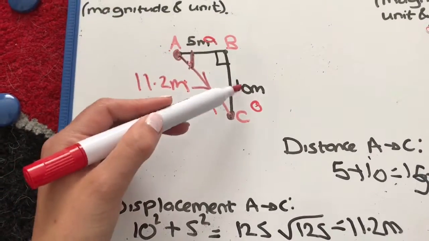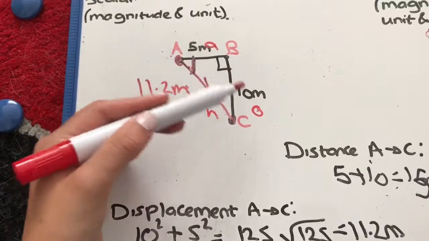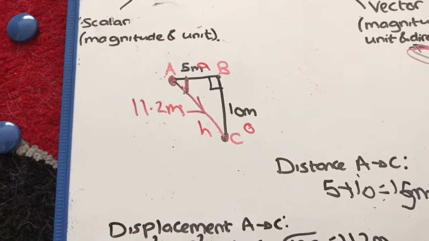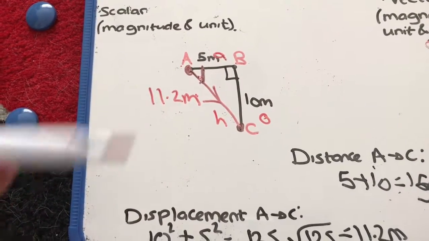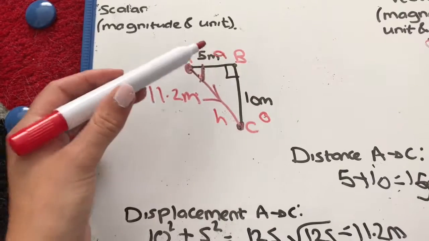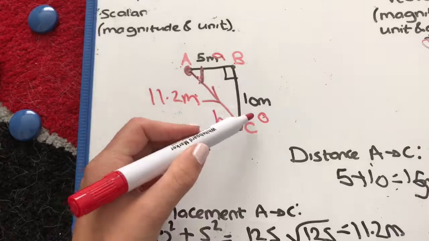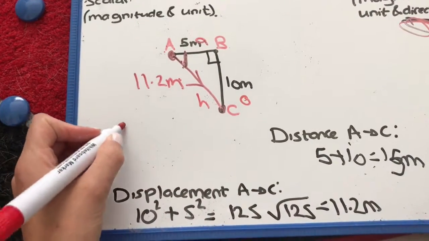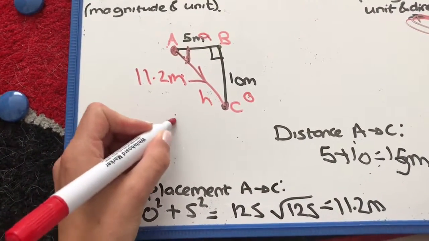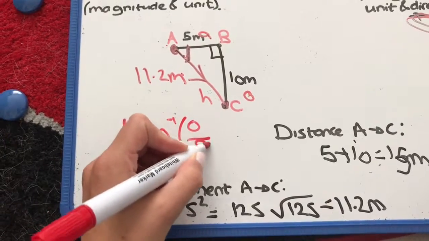These two here were the given magnitude values, so I'm going to use them to find my angle. With my opposite and my adjacent, using your trigonometry rule, I've used tan. Tan is opposite over adjacent.